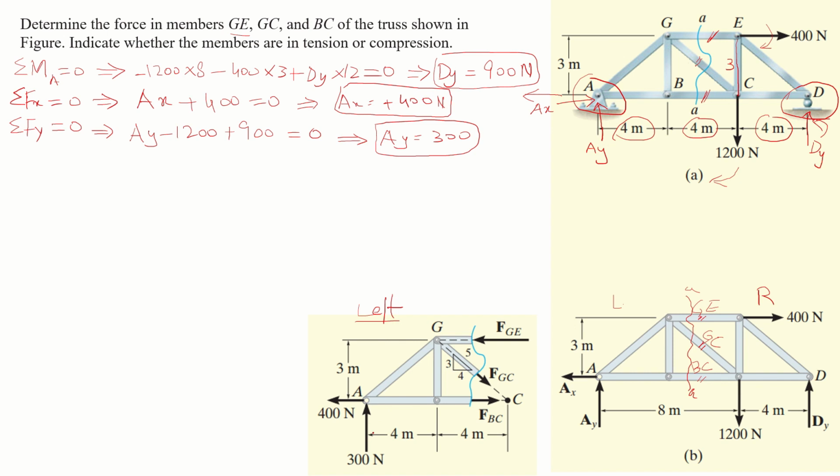The second force, which is AY, is directed on the upside, and it will be countered with a force which is on the downside. So FGC is the force in member GC, and it is acting downwards. And then this force GE is the force in the member GE, and it is directed on the left side to counter the force on these two forces FGC and FBC on the right side.